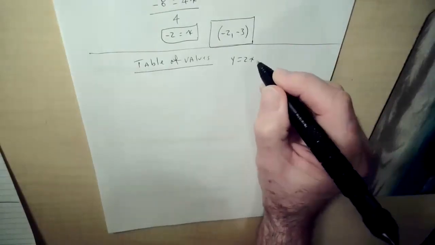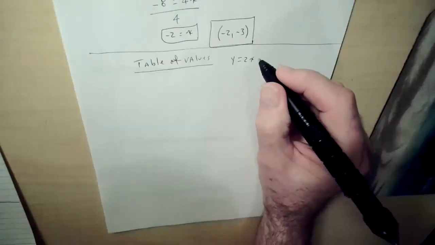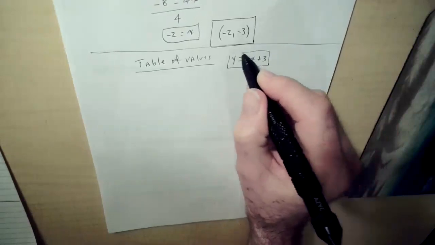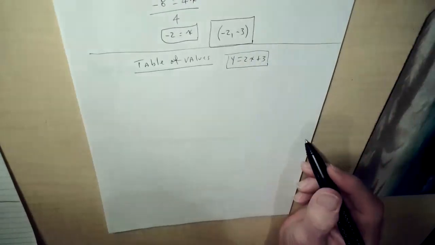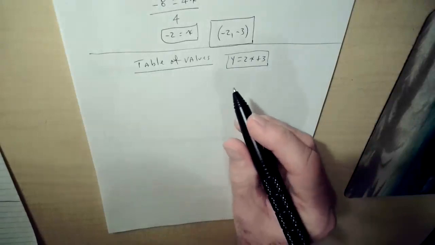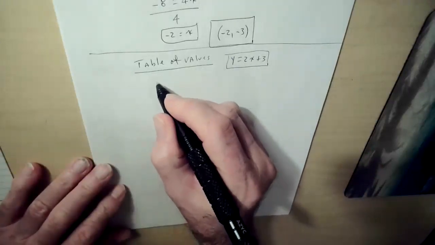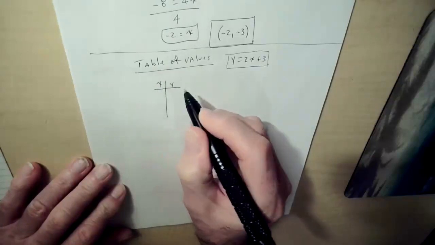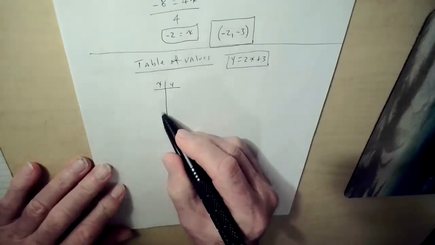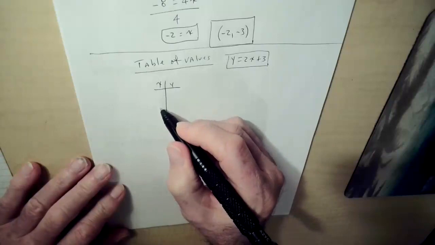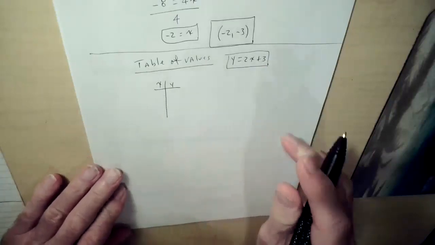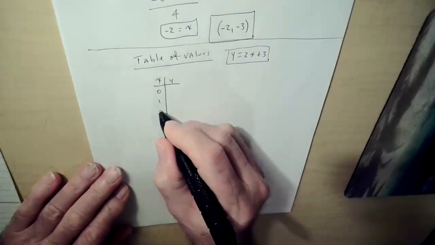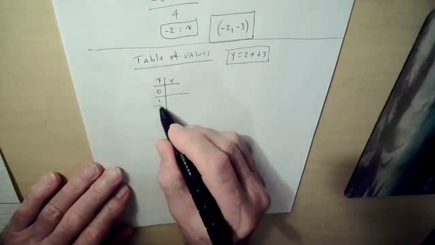So if you have this, you have y equals 2x plus 3. Slope-intercept. Table of values is real simple. X and y. For the x, you can plug in any numbers you want.